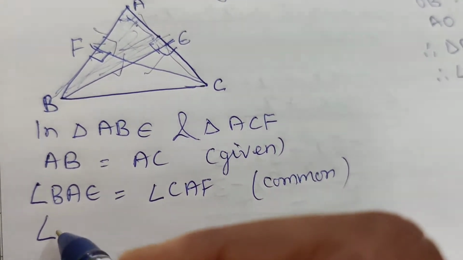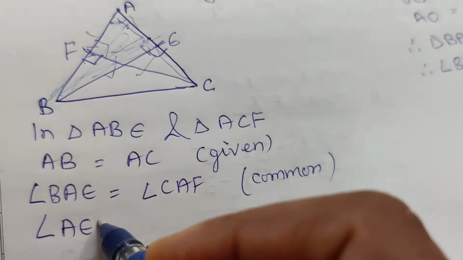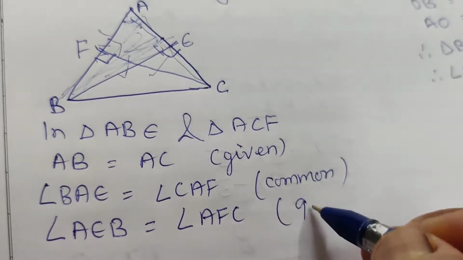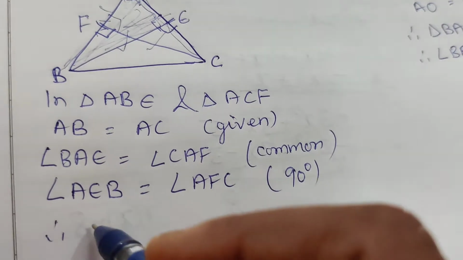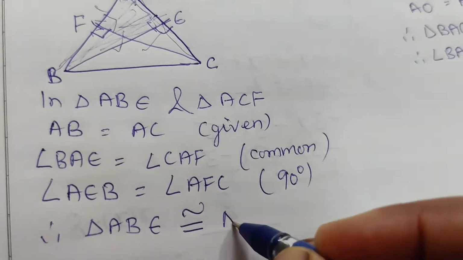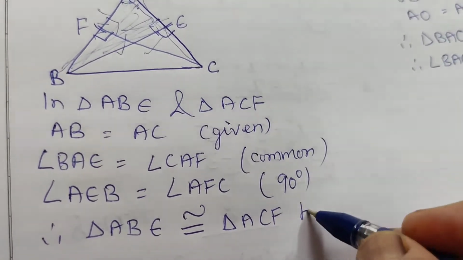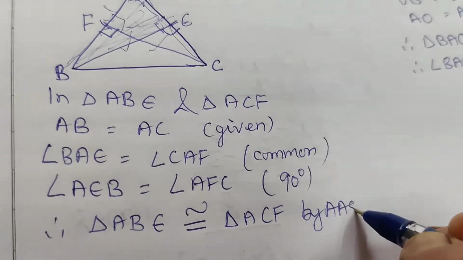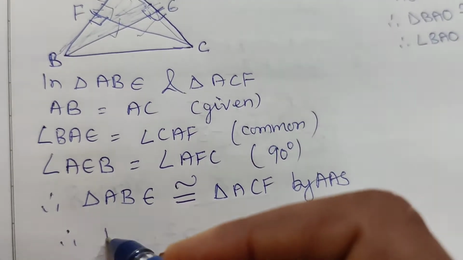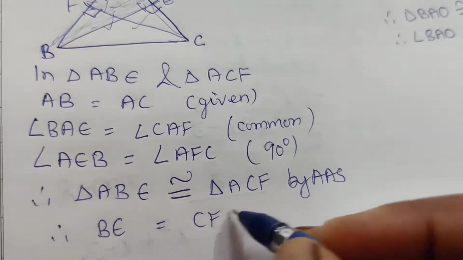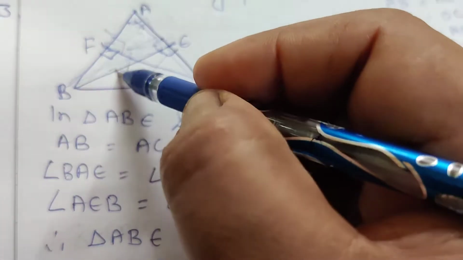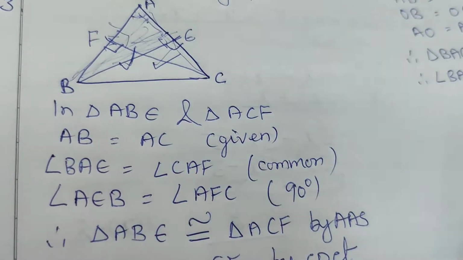And angle AEB equals angle AFC, 90 degrees, altitudes. Therefore, triangle ABE is congruent to triangle ACF by AAS criteria. Therefore, BE equals CF by CPCT. Hence proved. BE is a side of this triangle and CF is a side of this triangle.